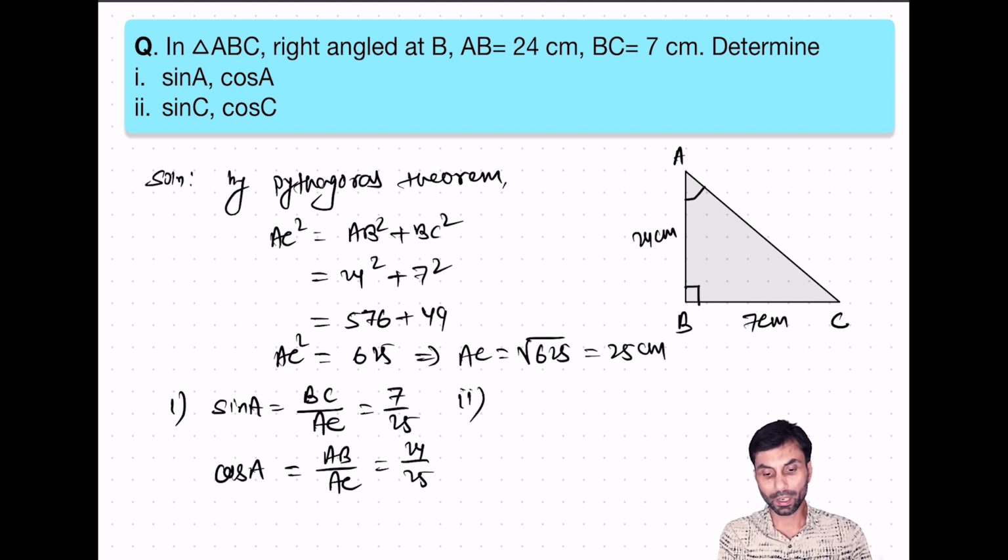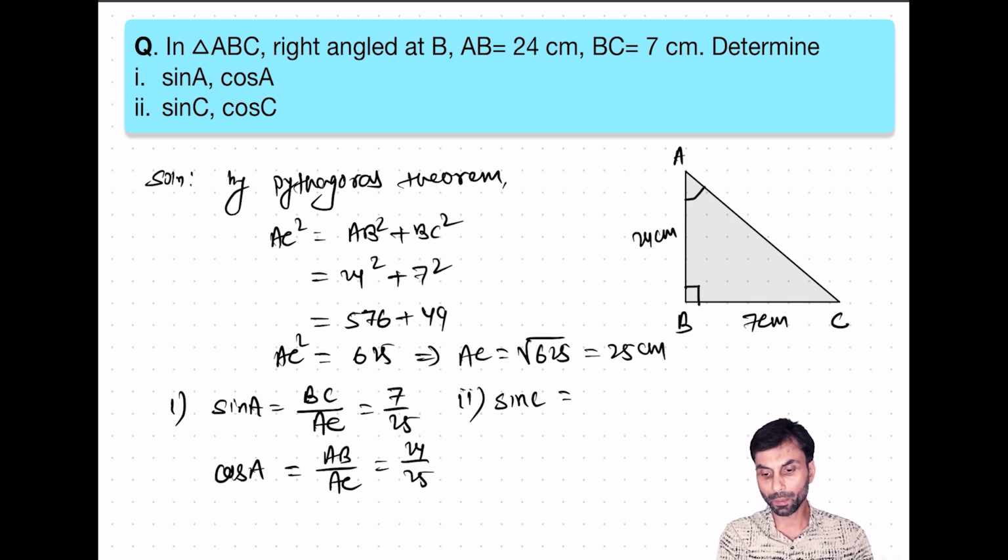Next, if you want to find out the value of sine C, now since we are talking with respect to angle C, then the opposite will be 24 centimeter, which will be AB, and adjacent will be 7 centimeter, that is BC.